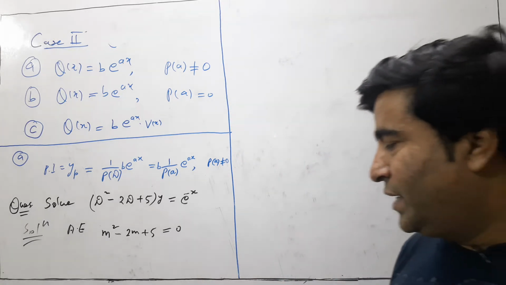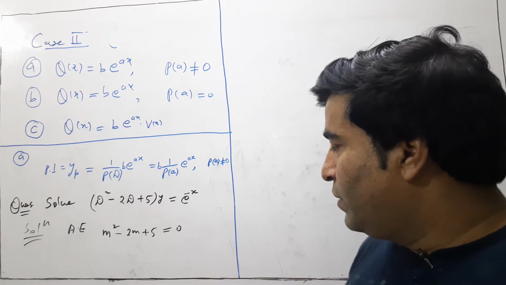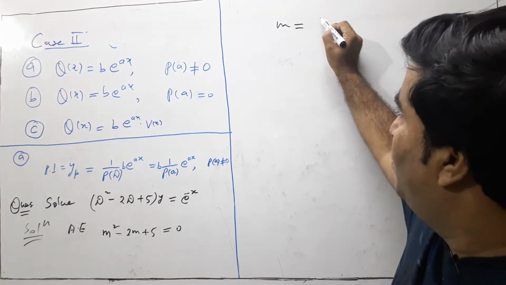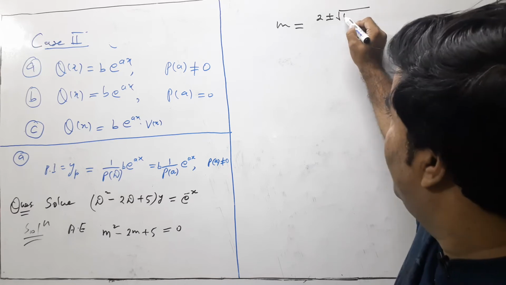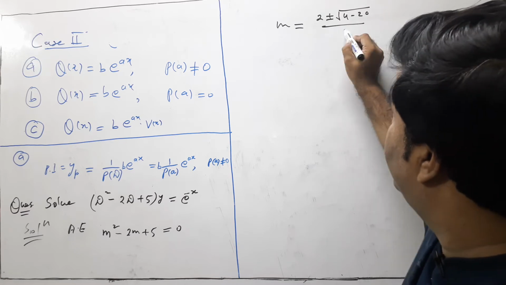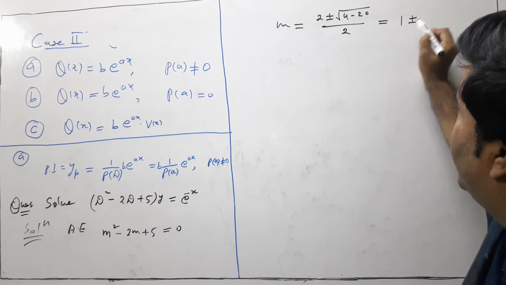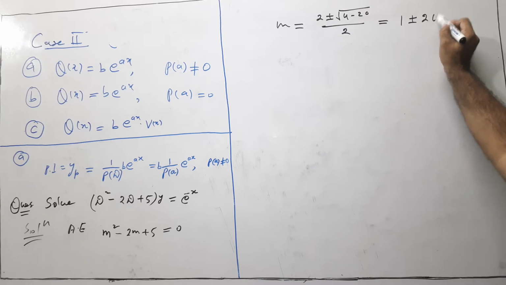So this is a quadratic equation. Using the quadratic formula we have m equals 2 plus minus under root b square minus 4ac, that is 4 minus 20, upon 2. So this gives us 1 plus minus 16 under root, 4i upon 2, which is 1 plus minus 2i.